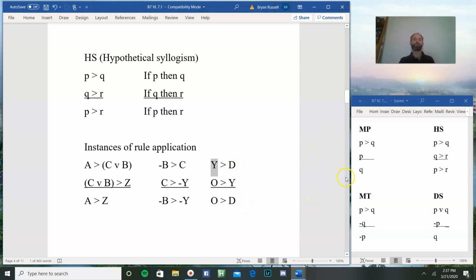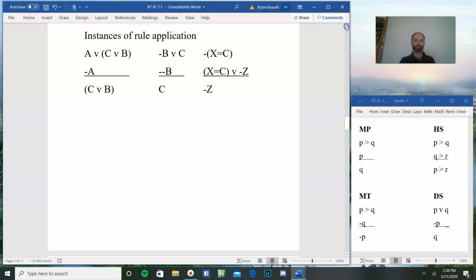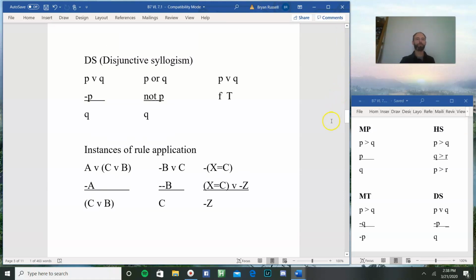All right, finally, one more rule. And that rule is disjunctive syllogism. So all the rules that we've dealt with so far are rules for when horseshoes are the main operator. Disjunctive syllogism is a rule where a wedge is the main operator.